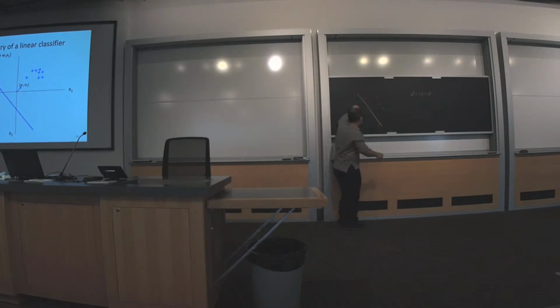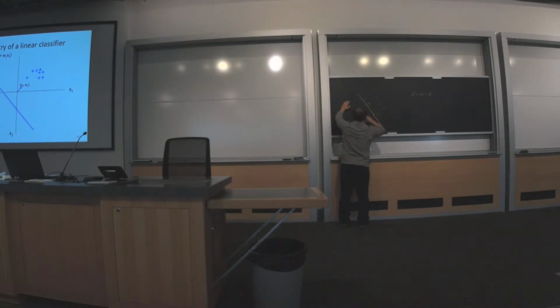So to do that, let us take any 2 points on this boundary, which we denote by, say, x1, x2. I put the subscript on the bottom to indicate this feature vector. So we know that x1 and x2 stay on the line.